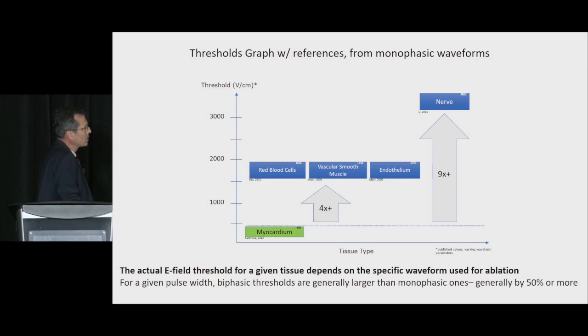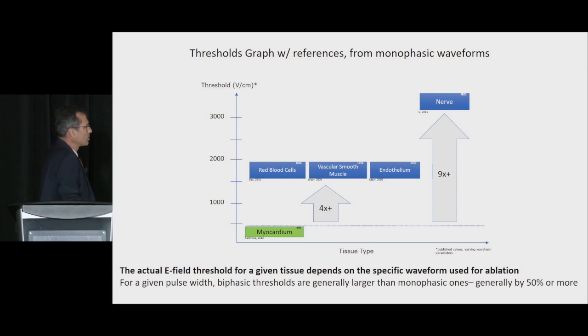And so these values are from the literature, and they are not necessarily directly applicable to what we're doing now, because they've been achieved with monophasic waveforms that were pretty simple. But altogether, it remains true, and the factors of difference are still preserved.